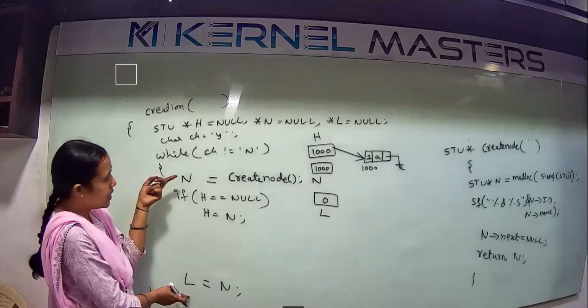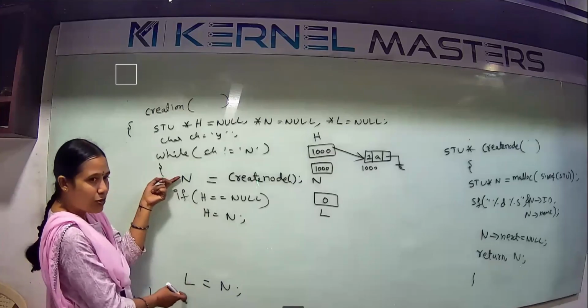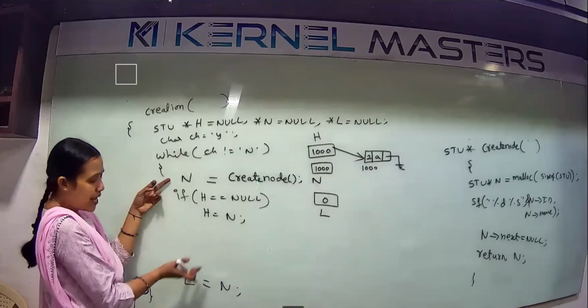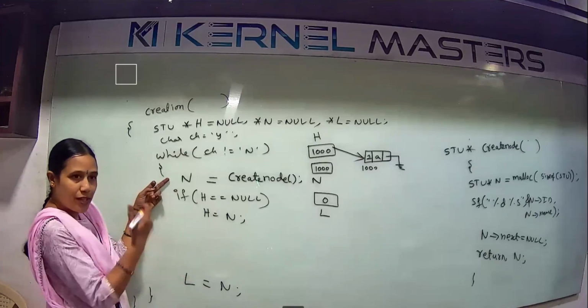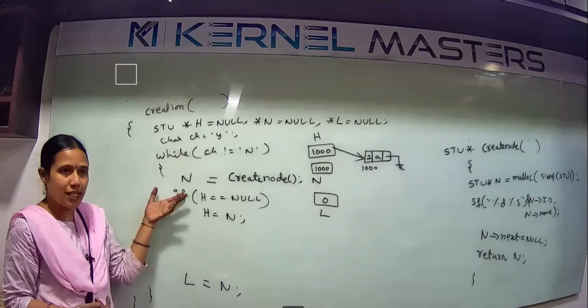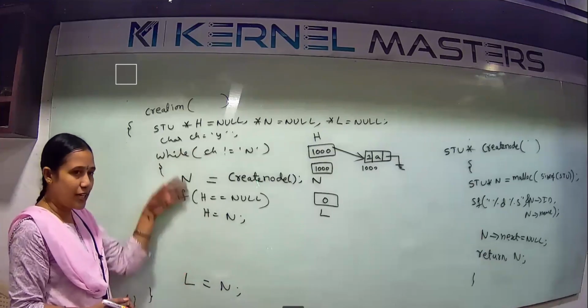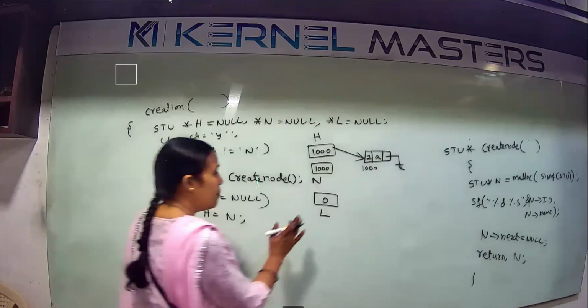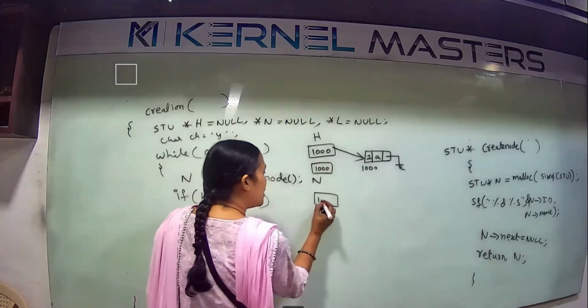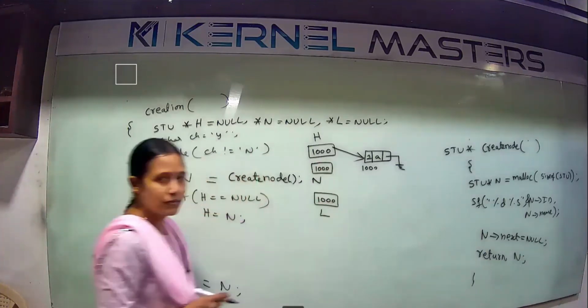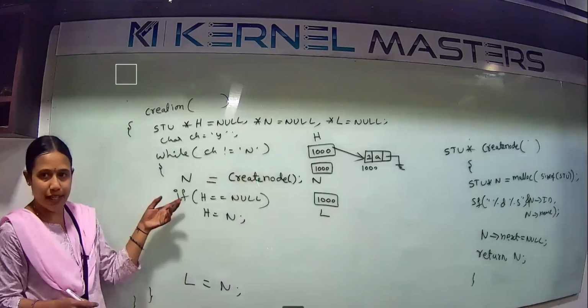Right? So that address I am copying to L so that for the next iteration I have the last node ready with the previous node address. Previously created node address I will have in L. Getting or not? Before going for the next iteration I am going to do that. Means I will copy 1000 here before going for the next iteration.